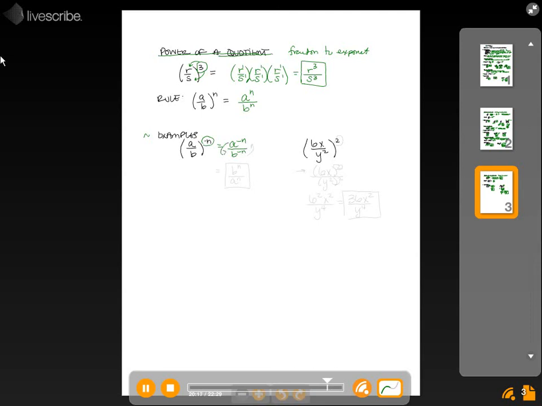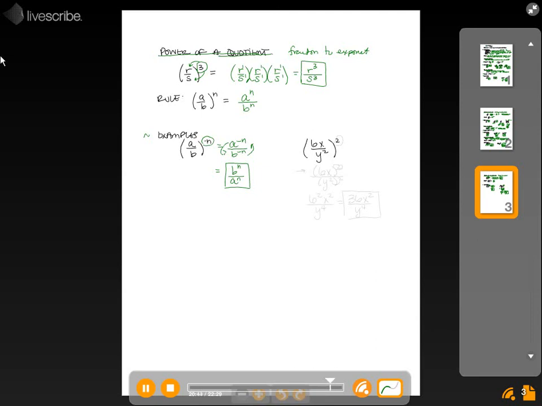So the a to the negative n is going to move to the bottom. The b to the negative n is going to move to the top. They're just going to trade places. So it's going to become b to the n over a to the n. And there's your answer. They flipped places because the a has a negative exponent, needs to move to the bottom. b has a negative exponent, it's got to move to the top since it's in the denominator.